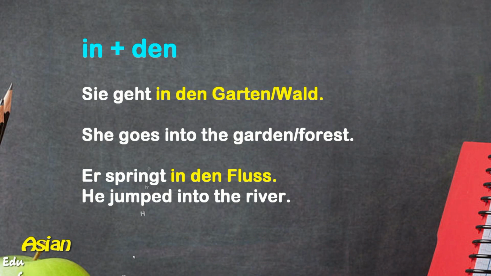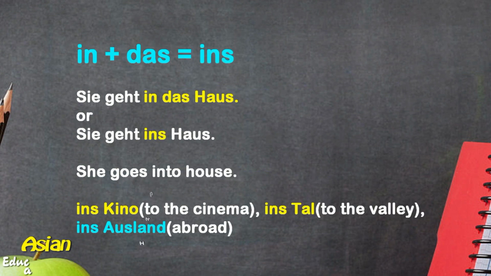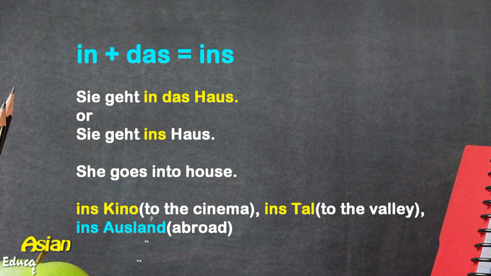Here we have used the accusative case because there is movement and there is a change of position from one place to another. Second example, neuter noun: in plus das is equal to ins. We can shorten this as ins. Sie geht in das Haus, or we can say sie geht ins Haus. She goes into the house.